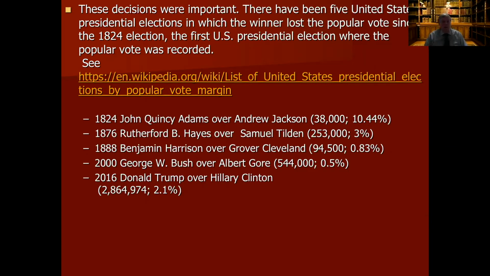Donald Trump won the electoral vote over Hillary Clinton. Clinton received almost 3 million more votes than Donald Trump did, which was 2.1% of the electorate. And so you can see that the Electoral College is perverse, if you will, to democracy. Nevertheless, that's the way it is done in the United States.